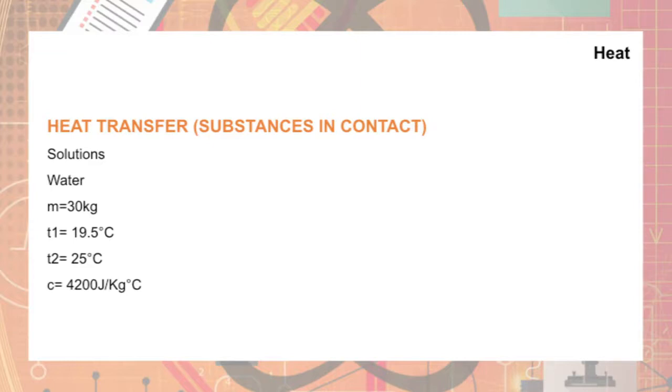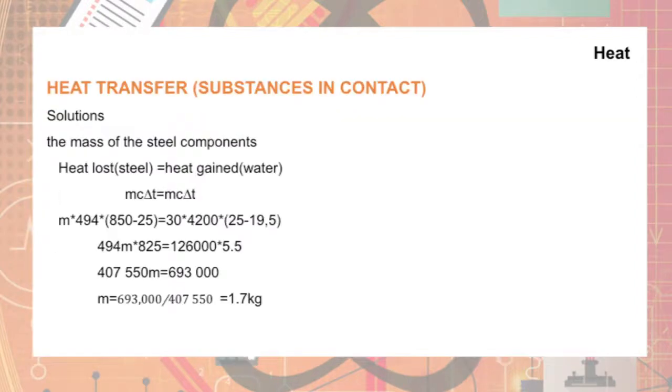Then 30 liters implies a mass of 30 kilogram. T1 is given, and T2 is given as shown in the PowerPoint slide. Then what do we request? We request the mass of the steel. We are making M the subject of the formula for steel.